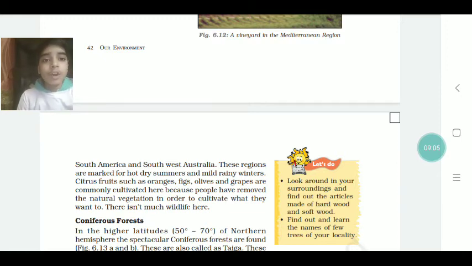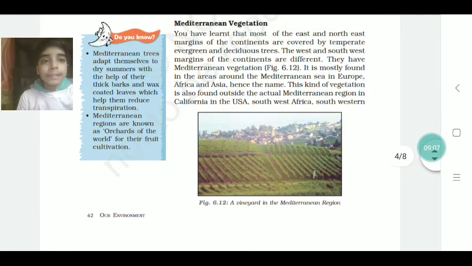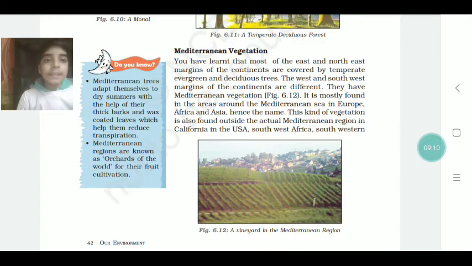Okay, so now let me tell you the meaning of this full paragraph. In this paragraph, they have told us that these are found in the western and southern margins of the continents. From this line, we come to know that east and northeast margins of the continents are covered by temperate deciduous forest and temperate evergreen forest, and west and southwest margins of the continents are generally with Mediterranean vegetation.